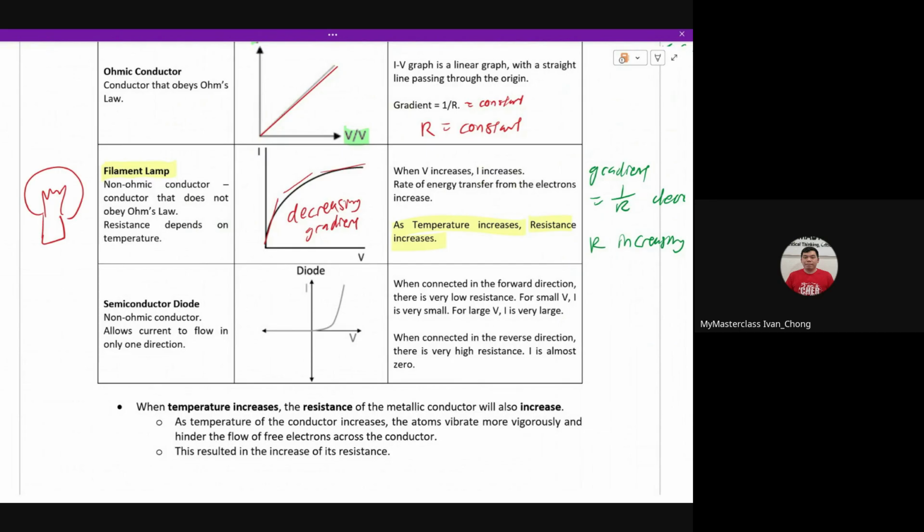Then next one is your semiconductor diode. This is a very special device. Because of the shape that it has, it only allows current to flow in one direction, the direction that the arrow is pointing to.